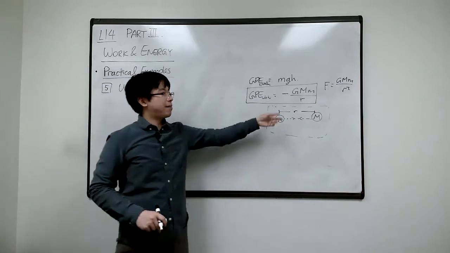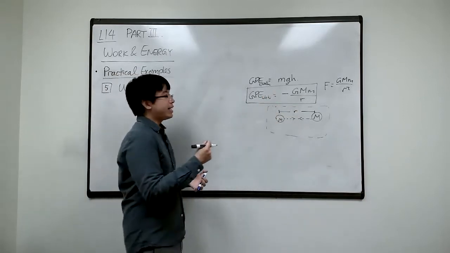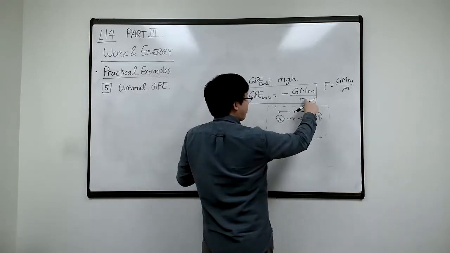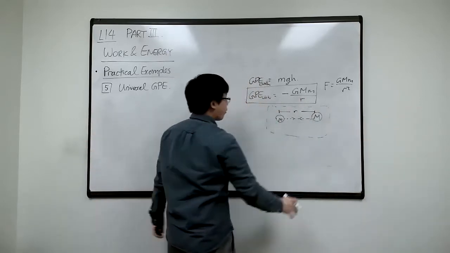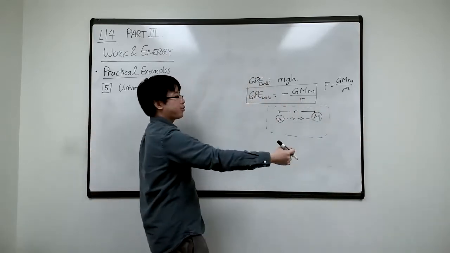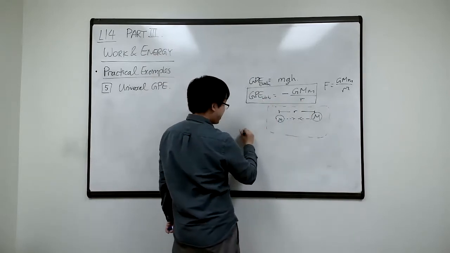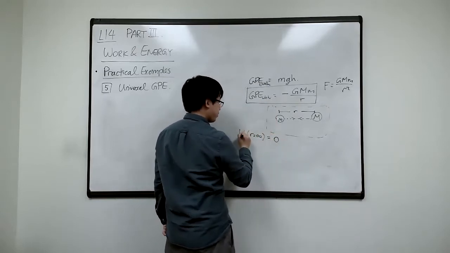If I can push this out, I probably can't push it out to infinity, but very, very far. It will be very little, right? So if I make this infinity, if I can actually put these two infinitely far apart, there will be no gravitational attraction between them. So if I set that to infinity, this would be 0. Okay, so understand U when r equals infinity is 0.